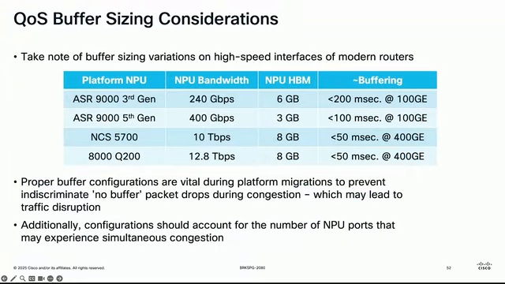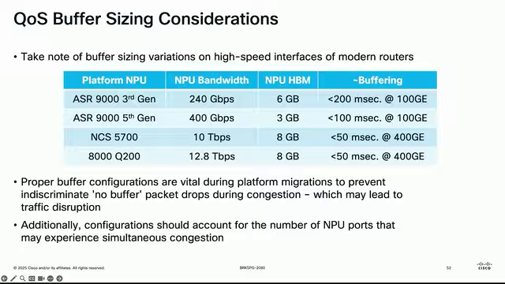So here we highlight some of the differences between the next gen or modern routers versus some of the legacy or older routers, okay? And the key difference is that the available buffering on the higher speed interfaces on modern routers is less than the older routers on the lower speed interfaces, as illustrated here.